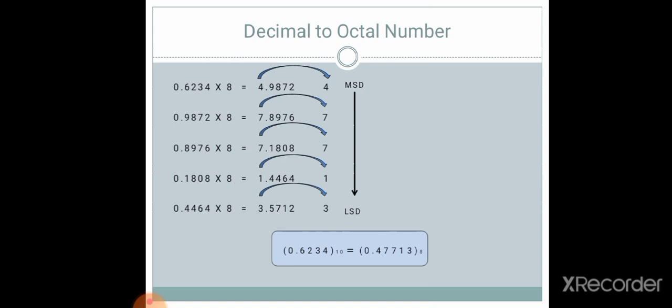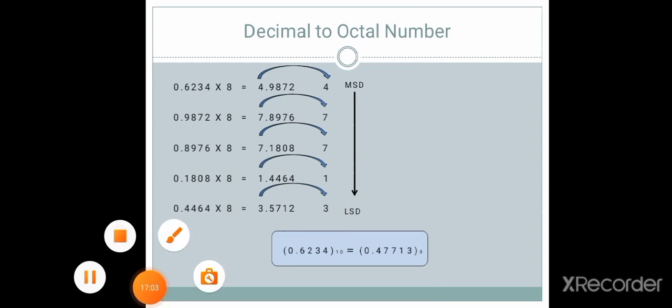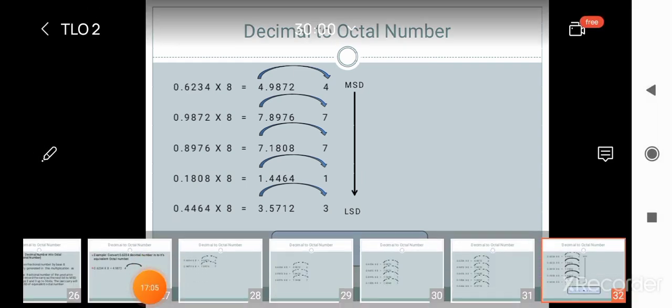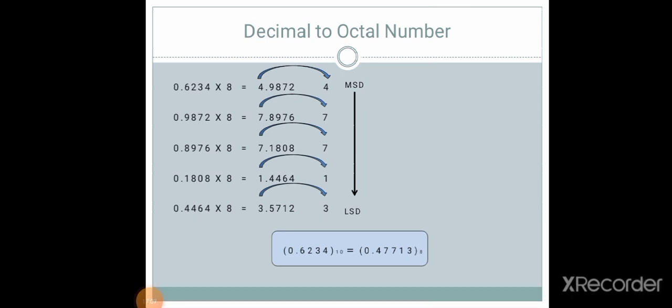Don't forget to put 0 and the fractional point. First put 0, then put the fractional point and then write down your answer from MSD to LSD, that is from top to bottom. So this is the conversion of decimal to octal number for fractional number.